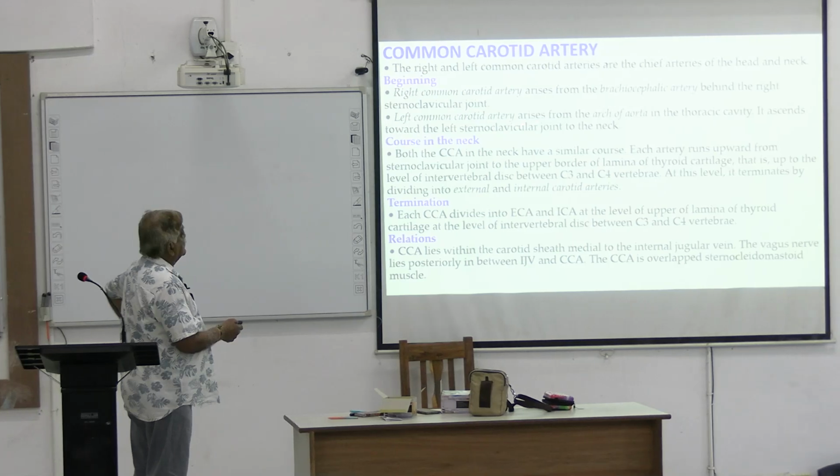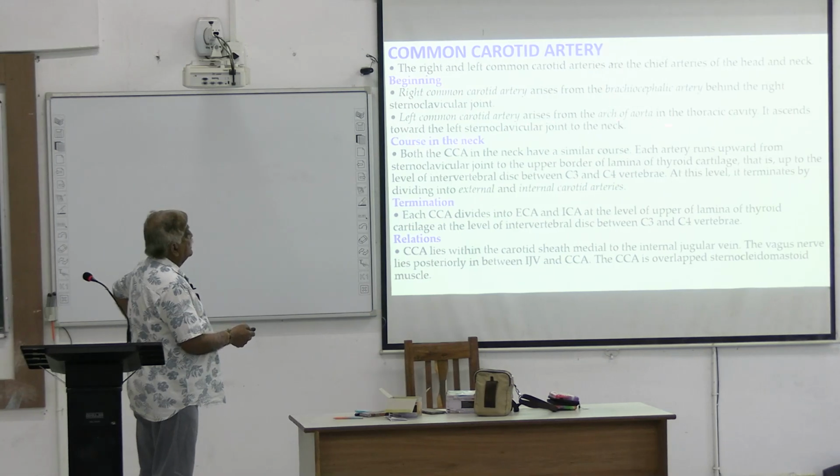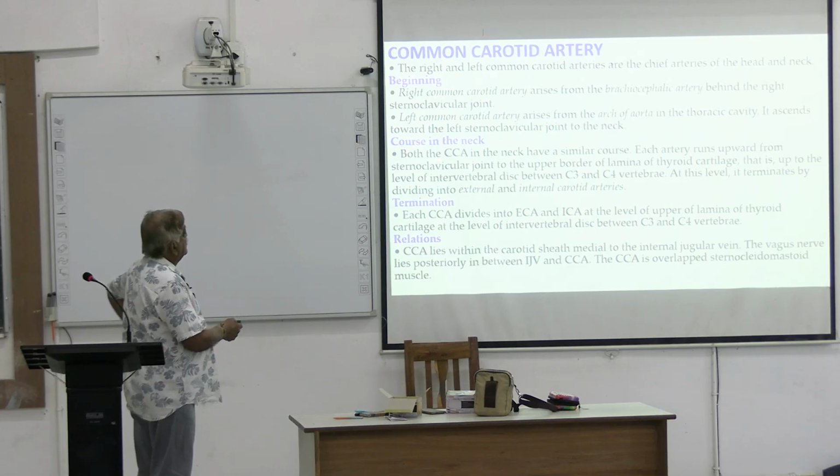The left common carotid artery arises from the arch of the aorta. Previously I told you, in the thoracic cavity, it ascends towards the left sternoclavicular joint. Course in the neck: both common carotid arteries in the neck have a similar course.